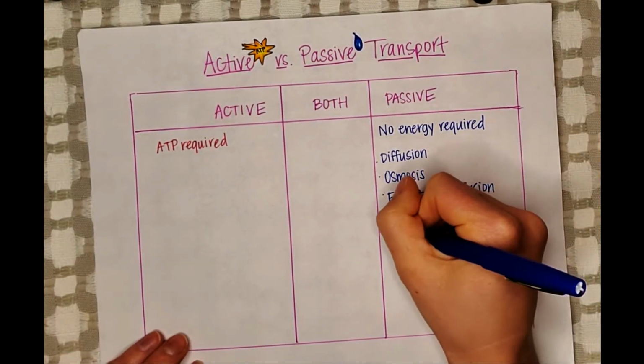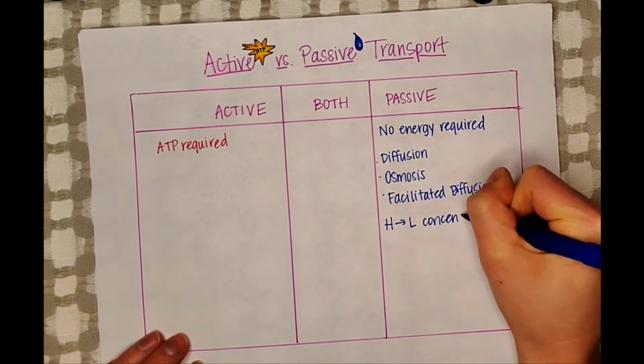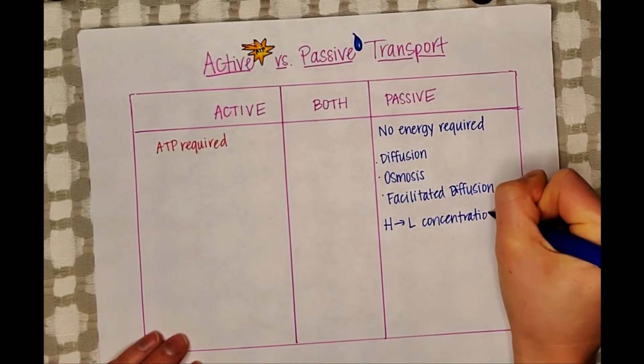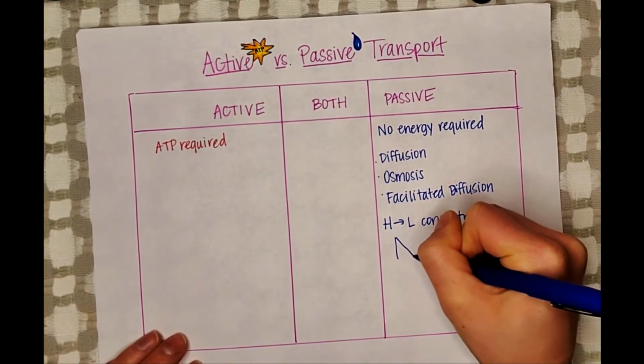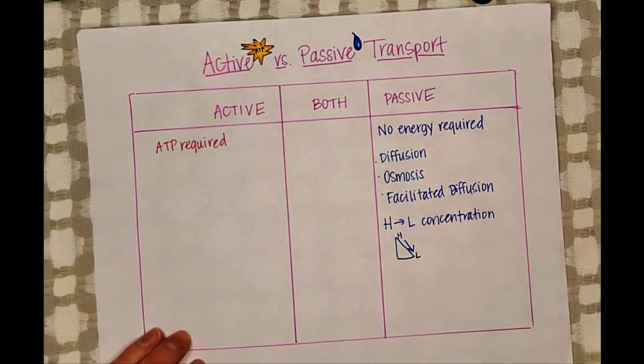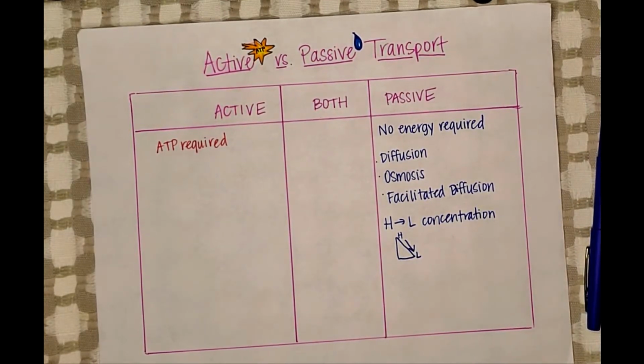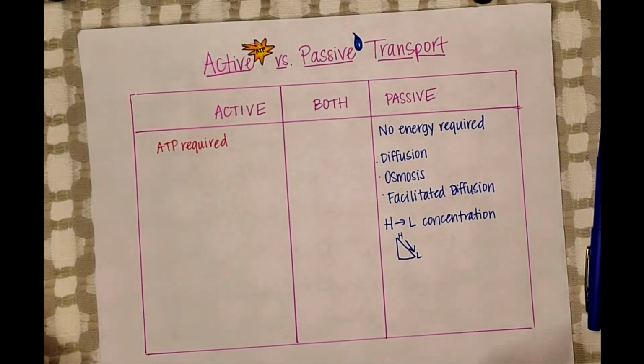Passive is also going from high to low concentration. And I remember I talked about it being like a slide. You're going to be going from the high to the low side, like sliding down a ramp. Not much energy is going to be required in that case. So that's why we call it passive.